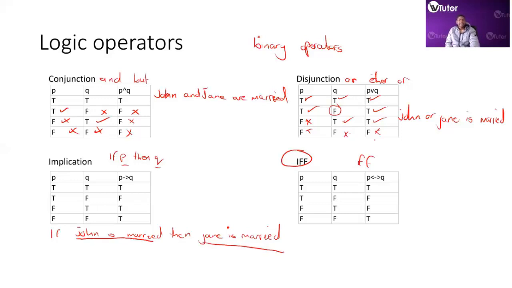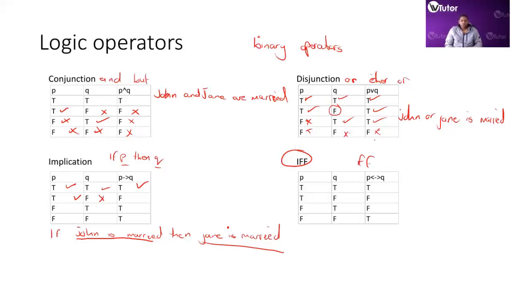So let's see. Let's say John is married, and we then find out that Jane is also married. This resolves to true, because if John is married, then Jane is married. If we then find out that John is married, but Jane is not married, then we have a contradiction.